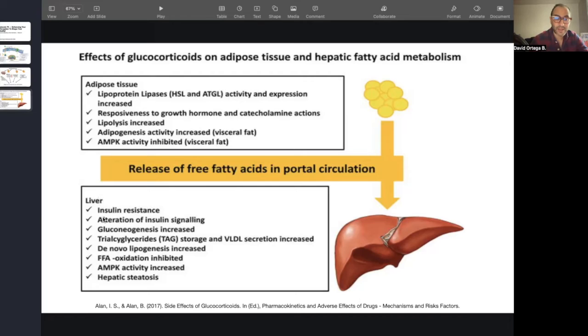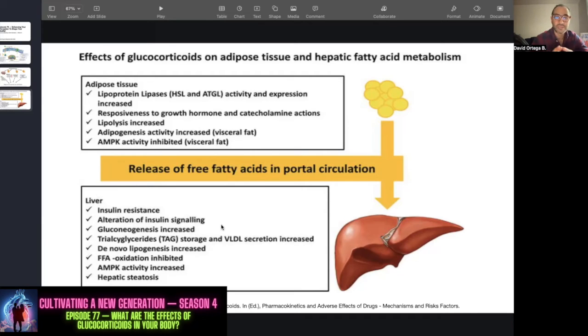In the liver, they create insulin resistance, alteration of insulin signaling, gluconeogenesis increase, which is a process. Gluconeogenesis, I explained it two episodes before in the one of irisin. And gluconeogenesis is the production of glucose from glycogen.